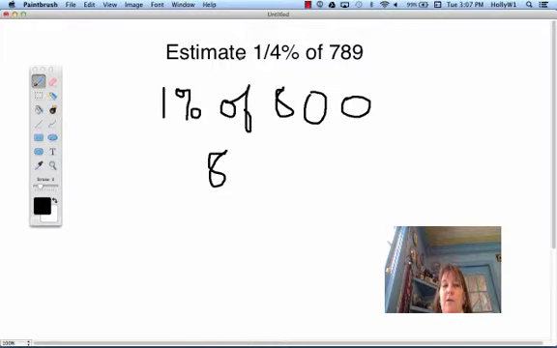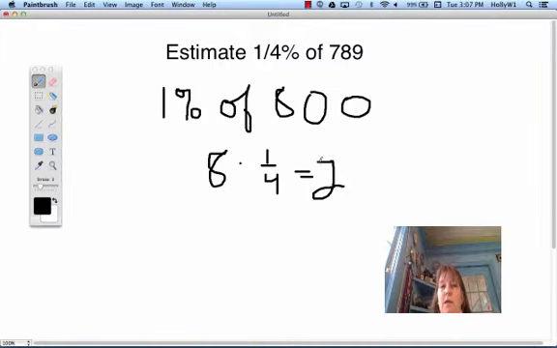So if 1% of 800 is 8, and we're really talking about a 1/4%, a 1/4% is a quarter of 1%. So if we know 1% of 800 is 8, we're going to take a quarter of the answer. So we're really multiplying that by 1/4. We end up with 2. I know that's a funny looking 2.